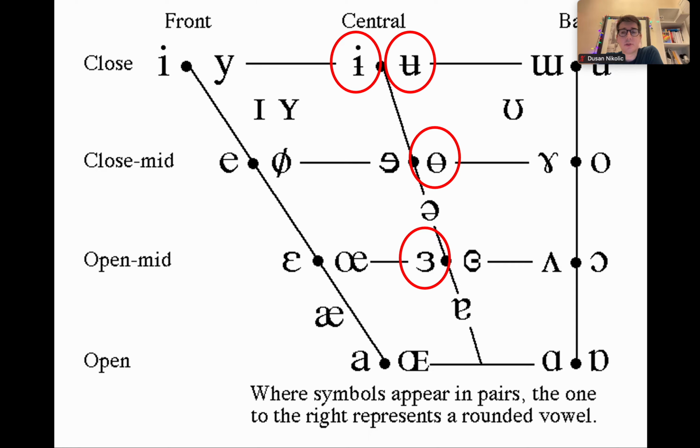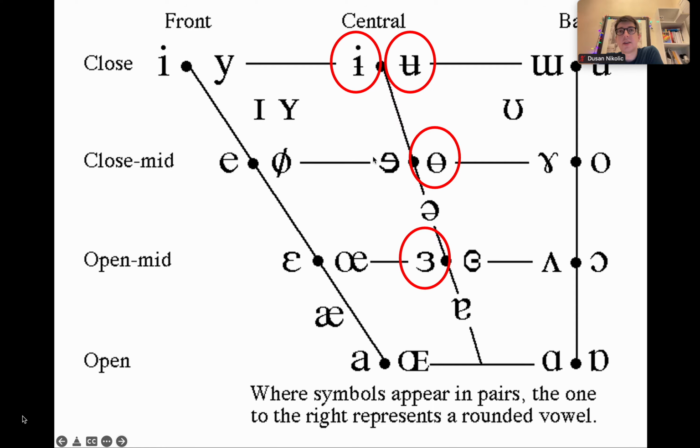If I'm not mistaken. Then there is this one, which would be near-open central, right? And this one will be an open-mid central rounded vowel, definitely rounded, and it occurs in a few languages such as Afrikaans and Navajo.